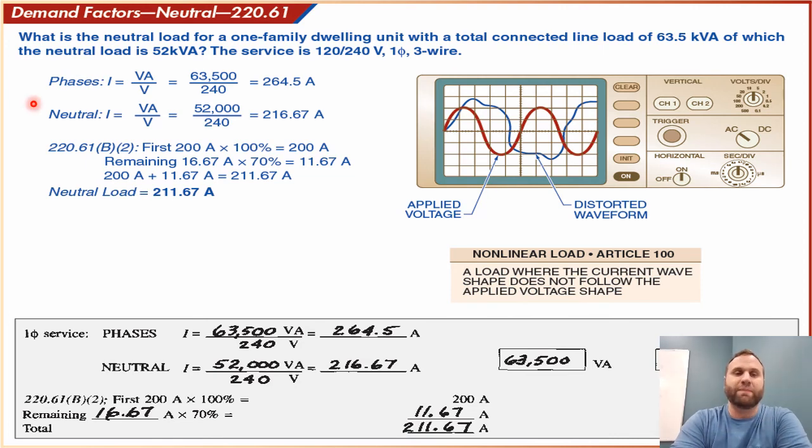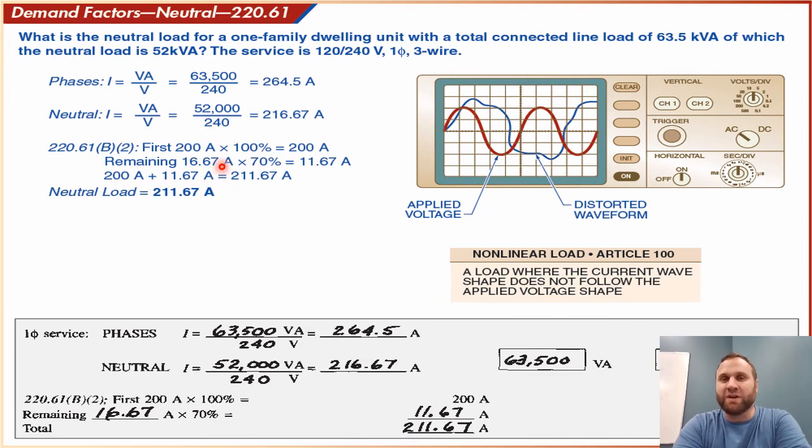So for this example here, the neutral was calculated and it came to a total of 216.67 amps. Great. According to 220.61, I take the first 200 amps at 100%. I set that off to the side. I've got 200 amps. That leaves me with a remaining 16.67 amps.